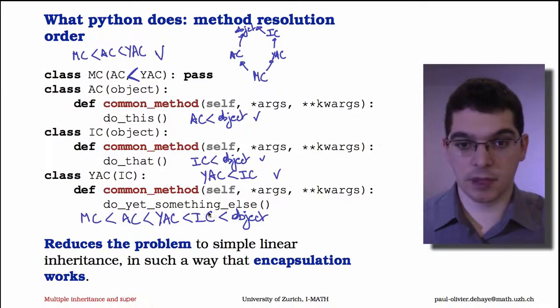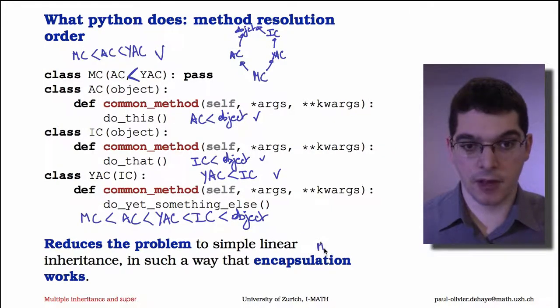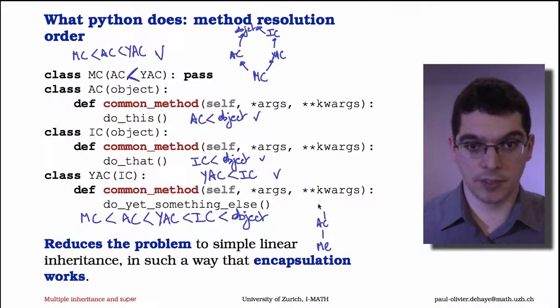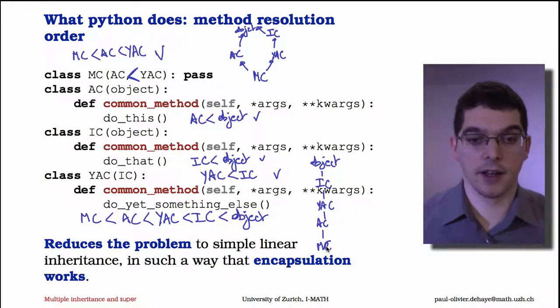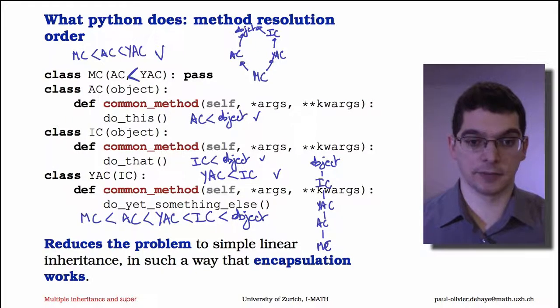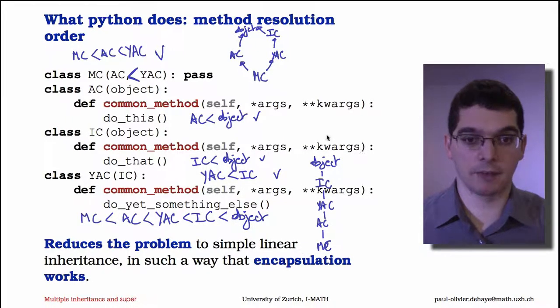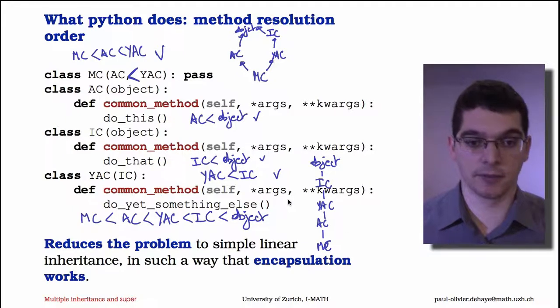So this becomes my new ordering. So I have now MC that depends on AC, that depends on YAC, that depends on IC, and this guy depends on object. Okay, so it will essentially do everything that it was doing with linear inheritance, but with this dependency graph now.